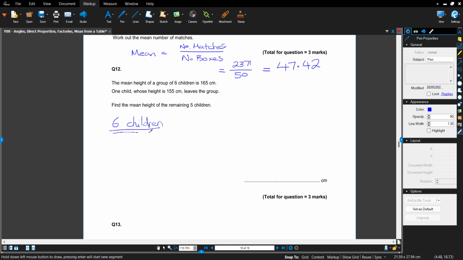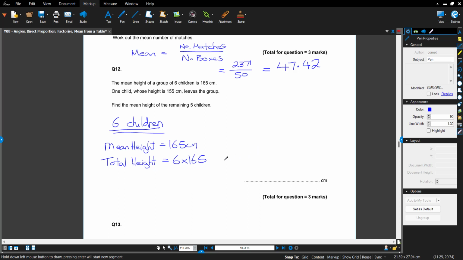Mean height is 165 centimeters. So actually their total height is, or was, 6 times 165. That would be their total height. So I'm guessing this is 990. So let's just do it. Yeah.